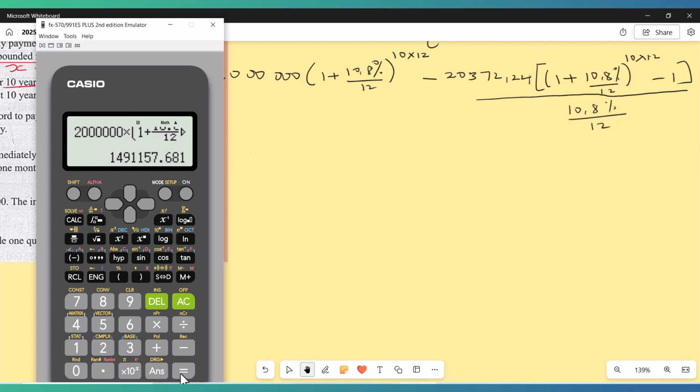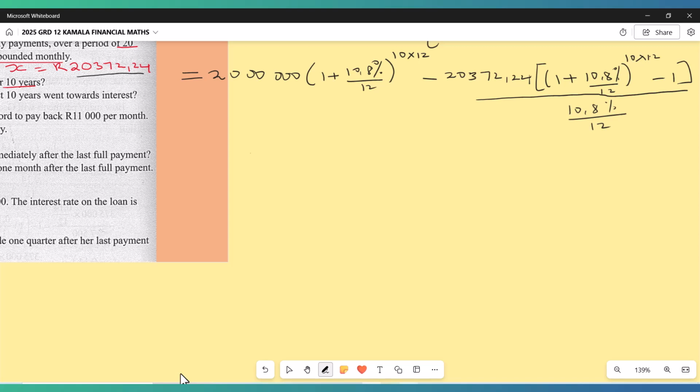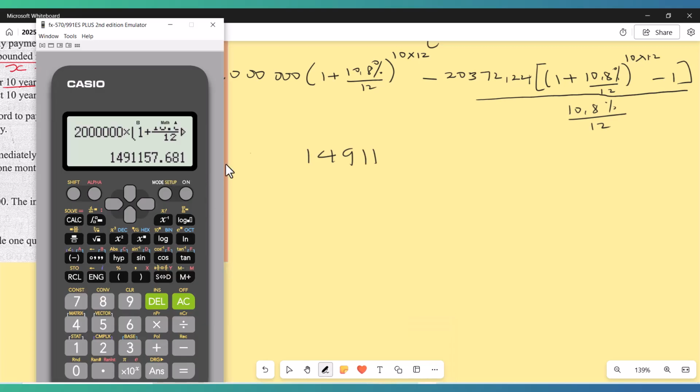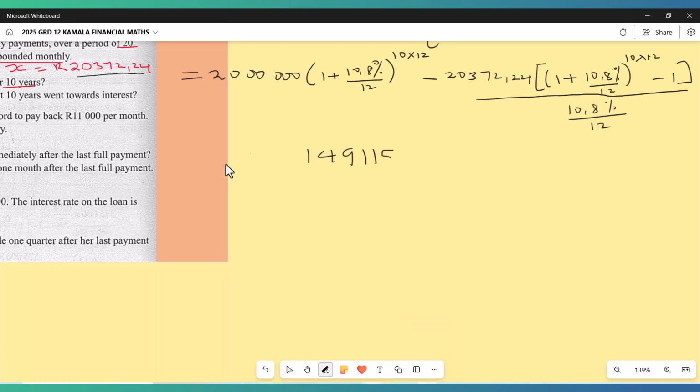So here we go. I think you can see my answer here. It is 1,491,157.68. Now this is the outstanding balance on the loan after 10 years.